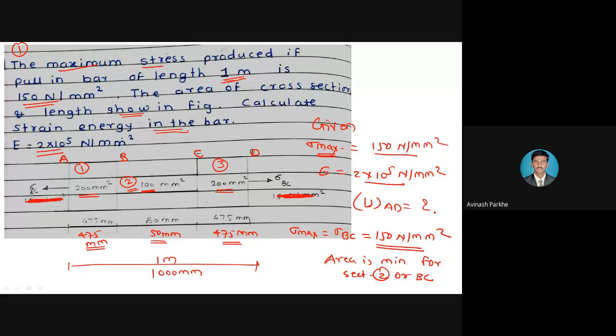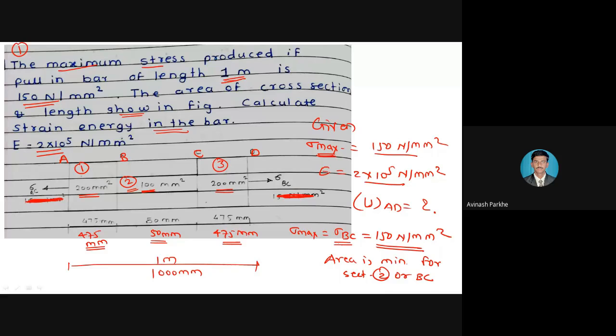By applying the concept that stress is maximum where area is minimum, and from the figure we observed that for section BC the area is minimum, 100 mm square, whatever sigma max is given will be applicable for section BC. Therefore, sigma of BC is equal to 150 Newton per mm square.